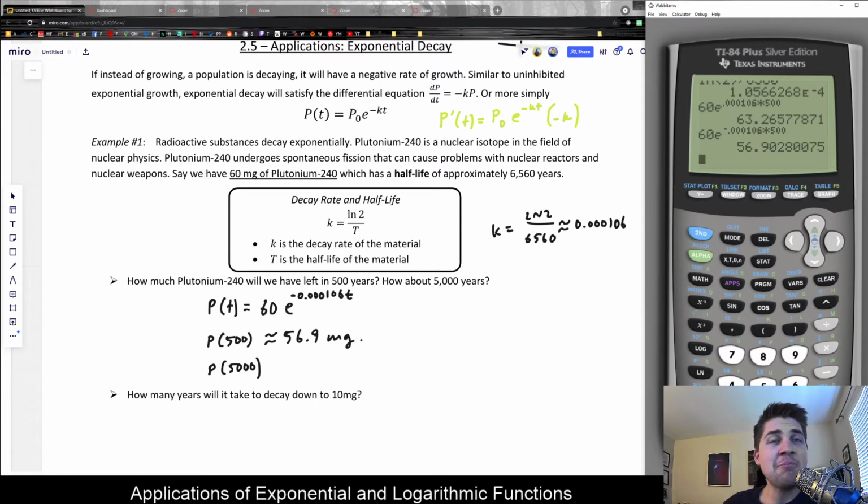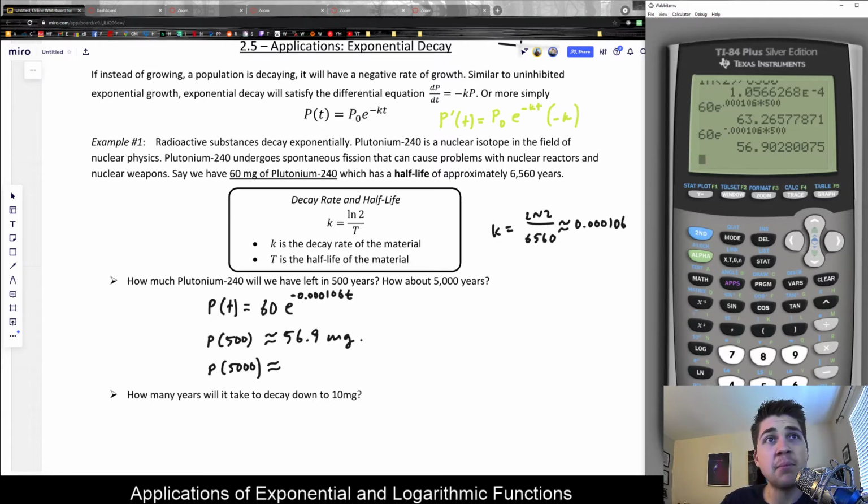So again, big problem, right? It's not going anywhere. It's not losing its radioactivity very, very fast. Now, some substances have half-lives of very, very quickly, like 1 year or 10 seconds or whatever, and that means it's going to decay really rapidly.